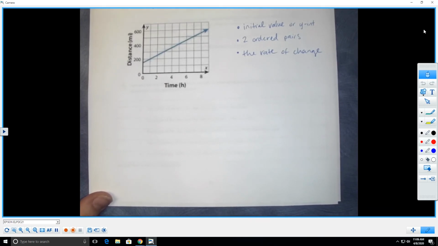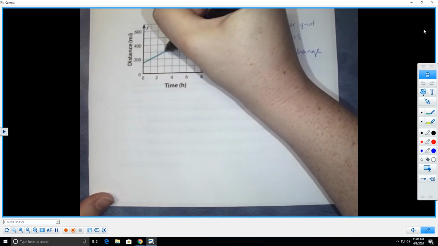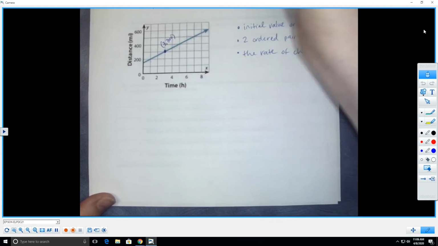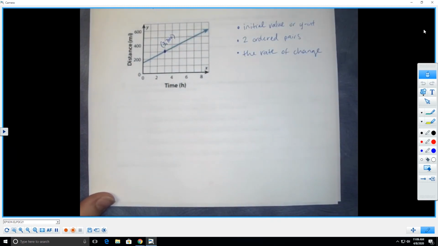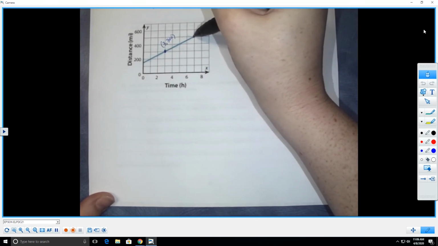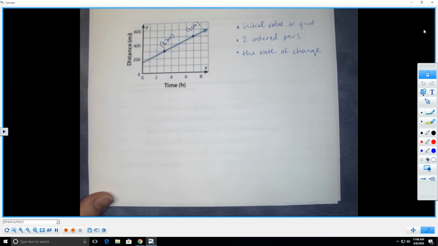There are several individual points of ordered pairs that we can identify on this graph. So we see that one of them is 300. We see another one is at 500. Do you see any others that you could use?